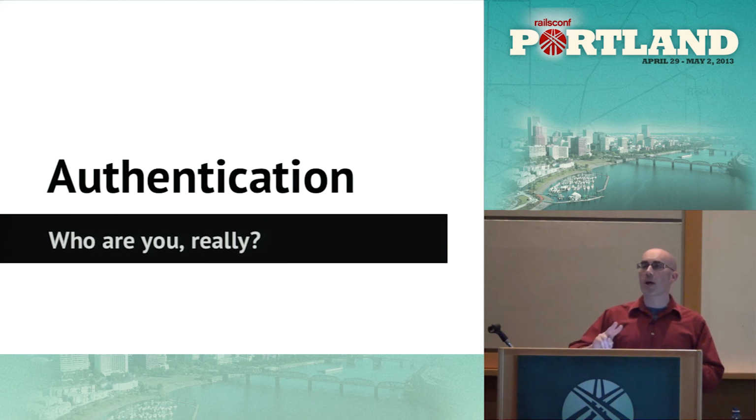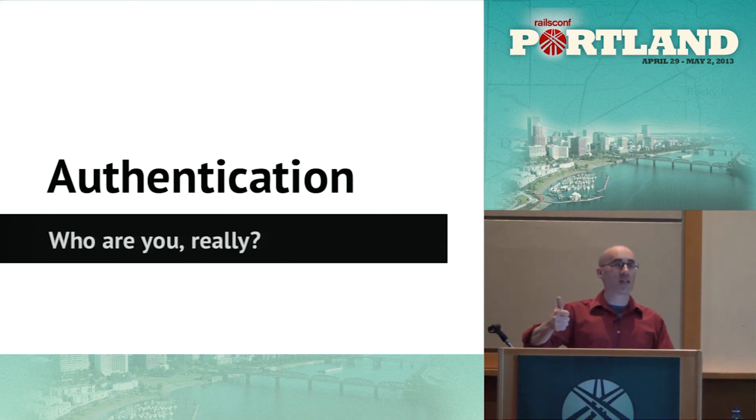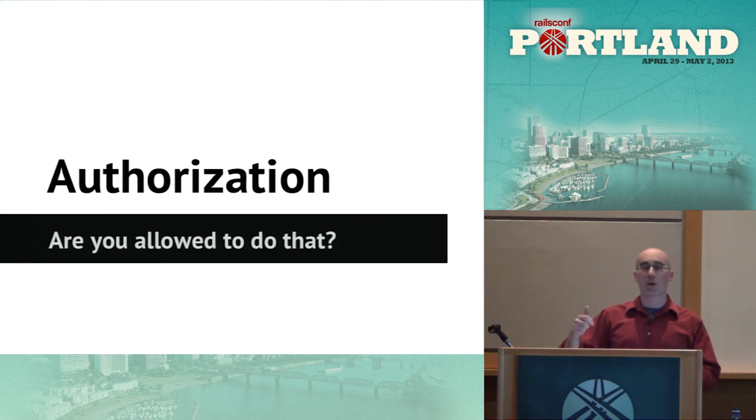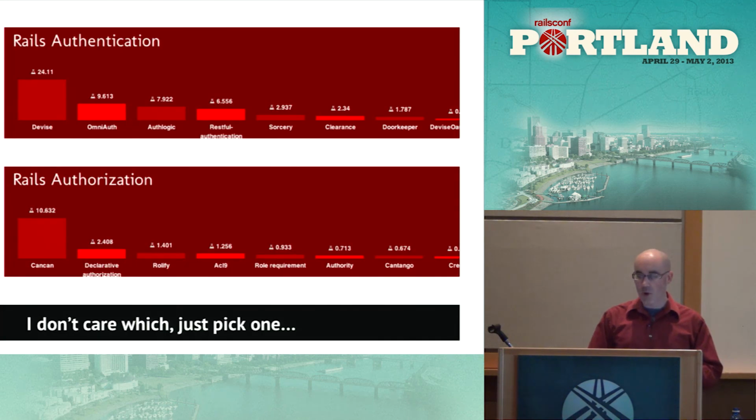So a quick recap of two terms before we go any further. The first is authentication. Basically, the idea here is: who are you, and can you prove that to me? And the second is authorization. Once I know who you are, what are you allowed to do? And so the Rails landscape for these types of solutions is, let's just call it fragmented, to be charitable.